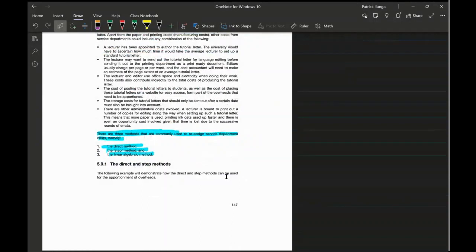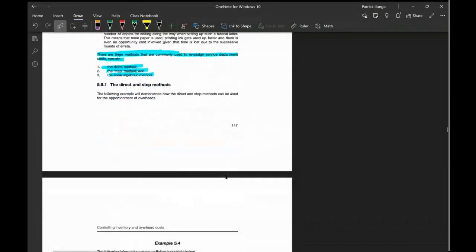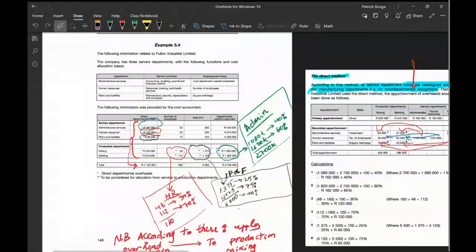So there are 3 methods, and these are the direct method, the step method, and the linear algebraic method. We don't ask you to memorize these methods. We're just asking you to know them. That's all. So give it a quick read, but I've done something for you.